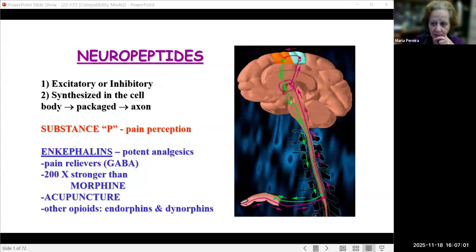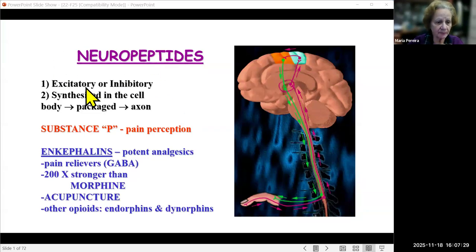So the synthesis of these neuropeptides occurs in the cell bodies of the cell. So they're synthesized in the cell body, and then they're packaged, because they have to be packaged in synaptic vesicles, right? And then those synaptic vesicles are transported down the axon to the axon terminal.